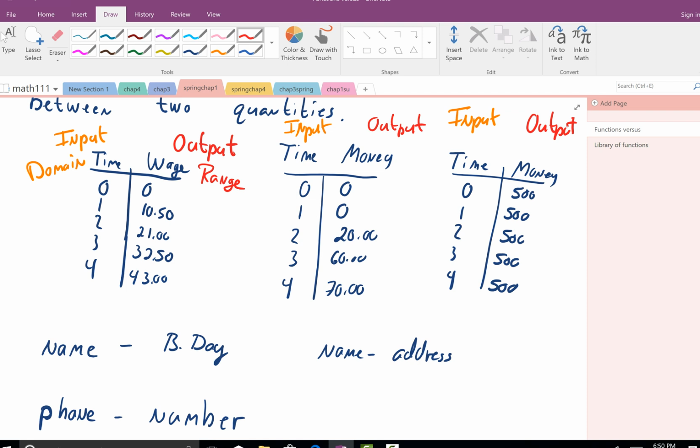But actually it is, because 0 still only goes to 500. If the input time is 0, you're still going to get $500. 1's 500, 2's 500, 3's 500, 4's 500. It's still a function. All these are functions.